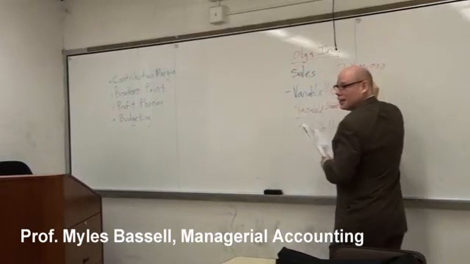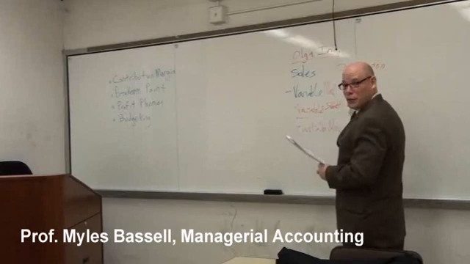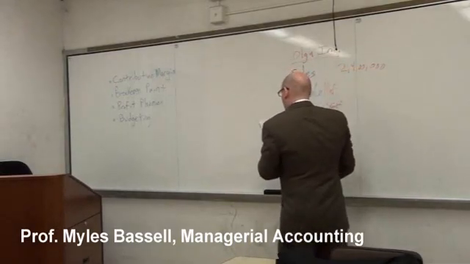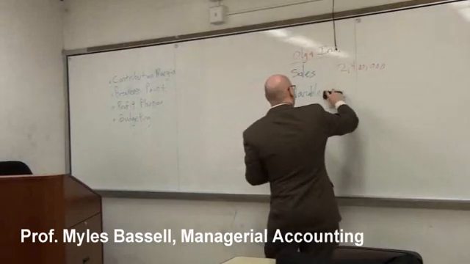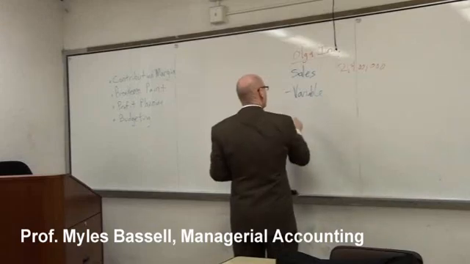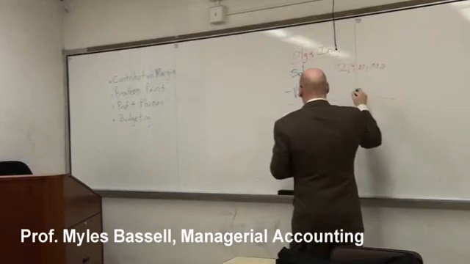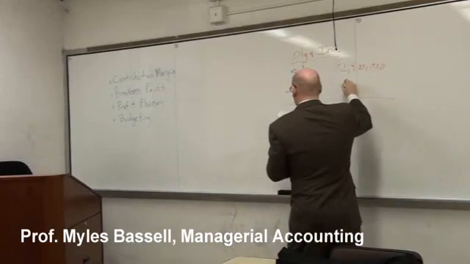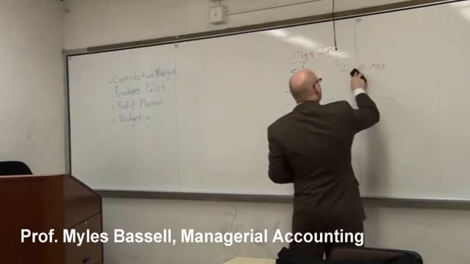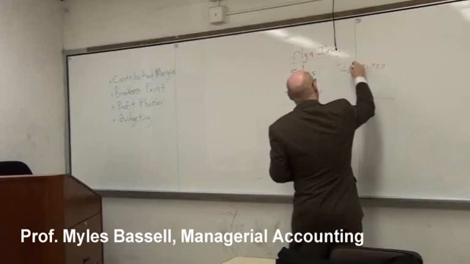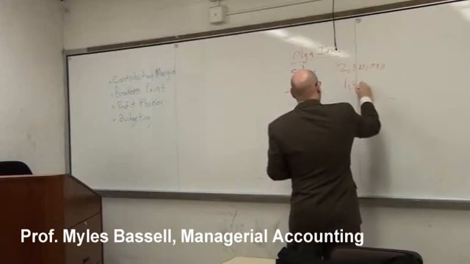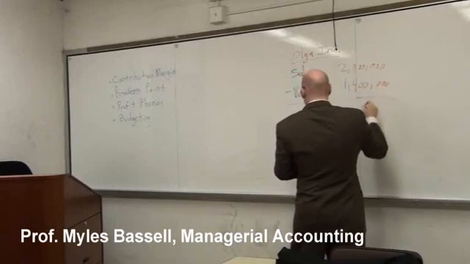$2,400,000 in sales. Not too bad. Variable expenses are, actually, let's see, 2 million in sales, 1,400,000 in variable expenses.